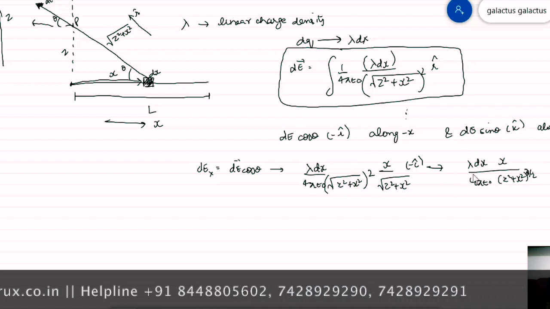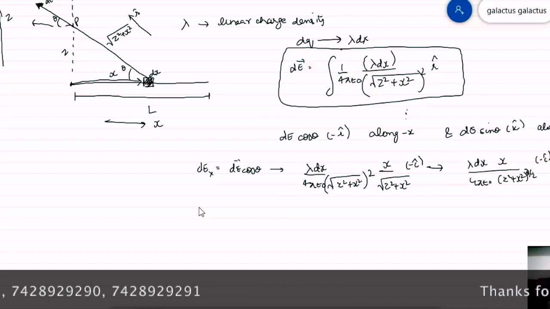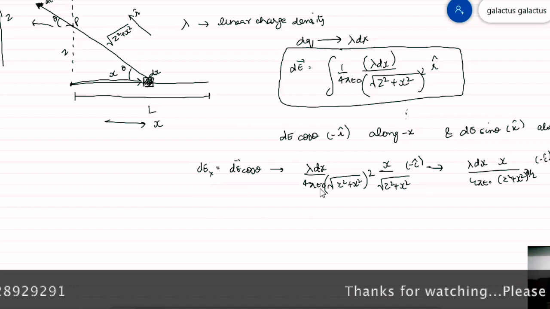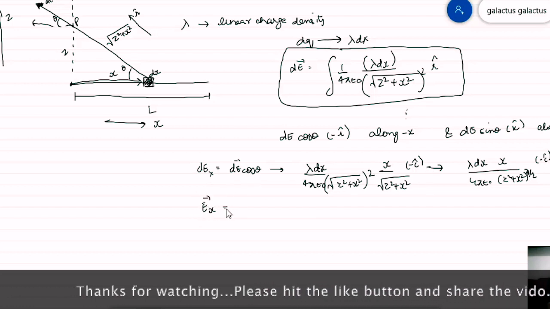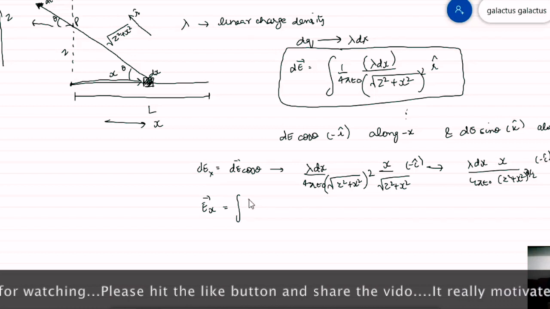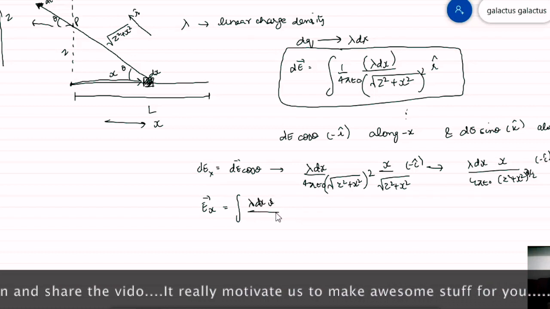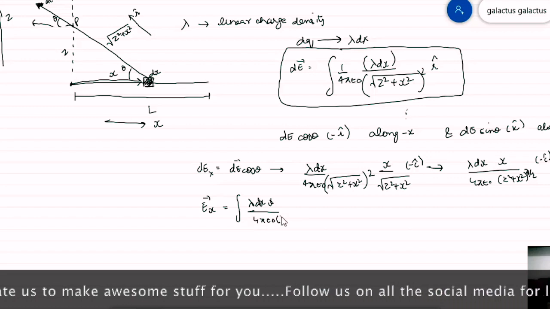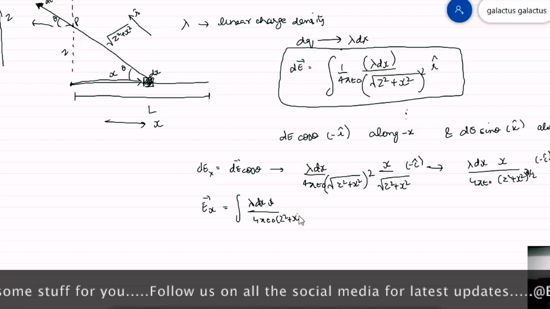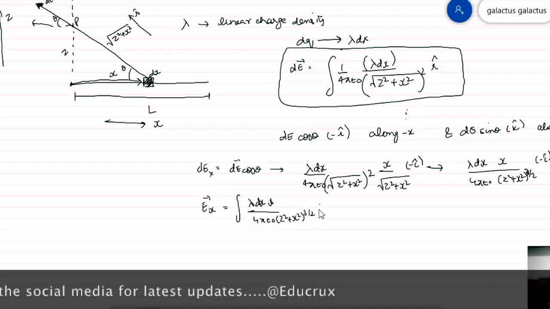Okay, so this is along minus i cap. Okay, so my dEx is equal to this, and if I integrate on both sides, I'll have Ex equal to integration lambda x dx upon 4 pi epsilon naught z square plus x square to the power 3 by 2 along minus i cap.